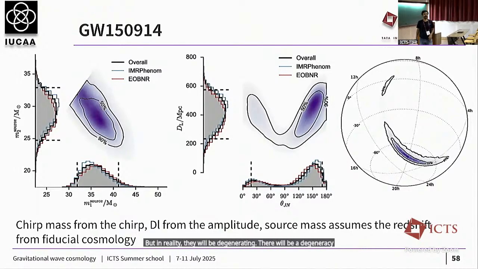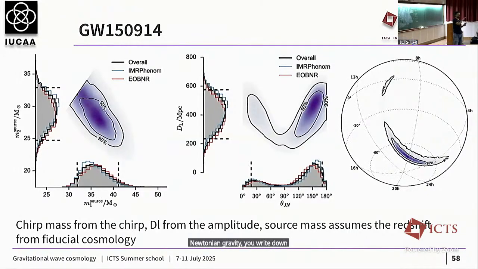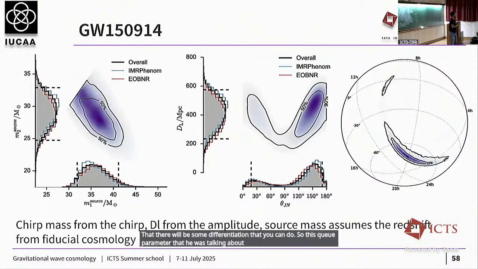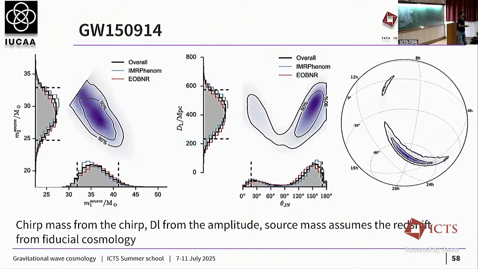But how is this a problem? It's at least in the equation. No, so you do the full waveform. If you don't just restrict yourself to Newtonian gravity, you write down the full waveform and you start to see that there will be some differentiation that you can do. So this Q parameter that he was talking about. Exactly.